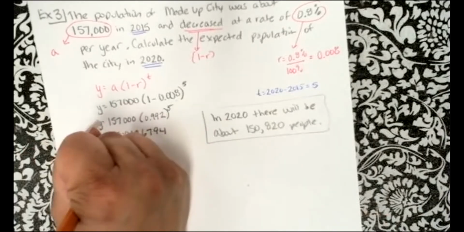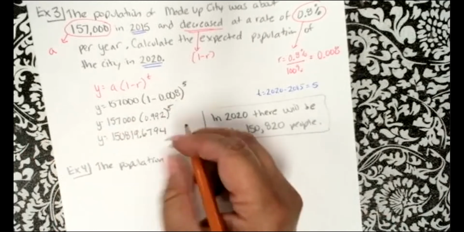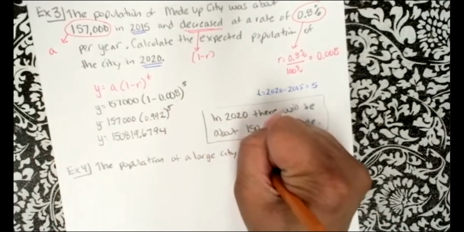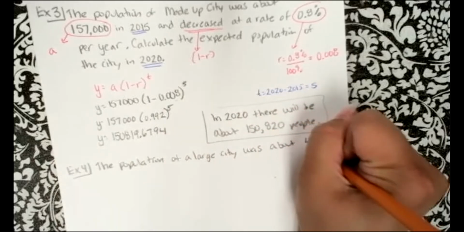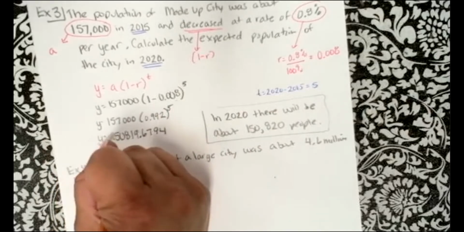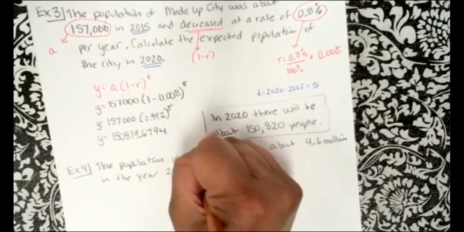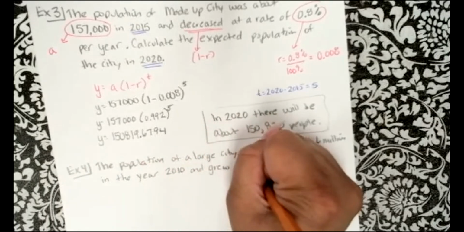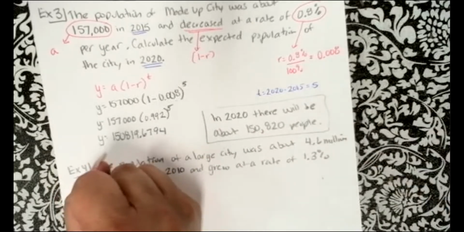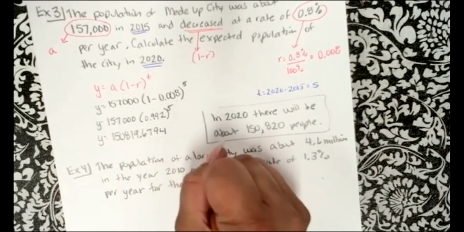Last example. The population of a large city was about 4.6 million in the year 2010, and grew at a rate of 1.3% per year for the next 4 years.